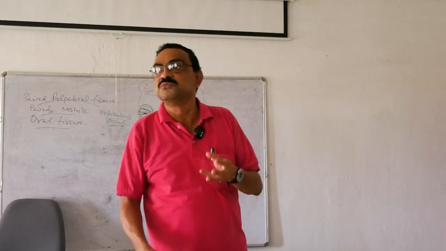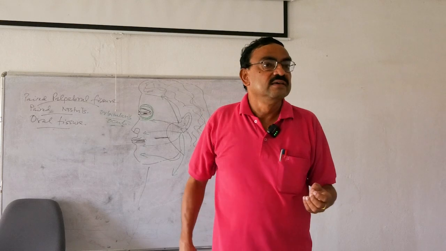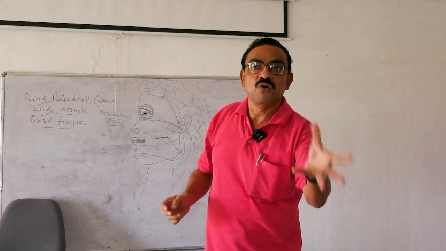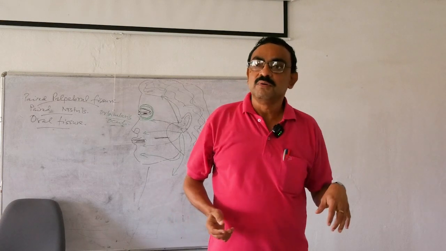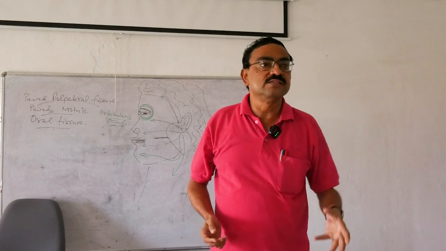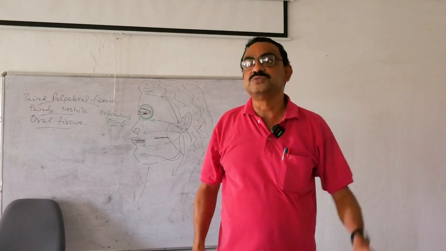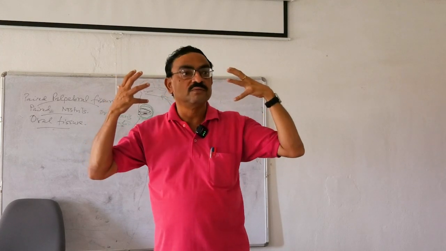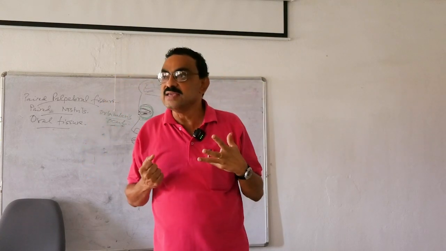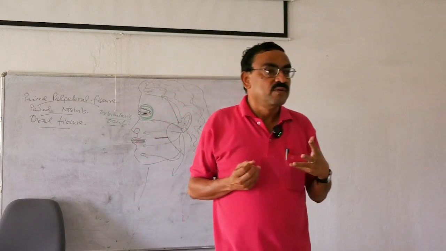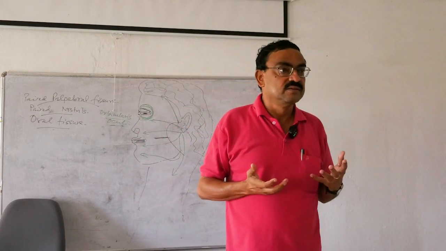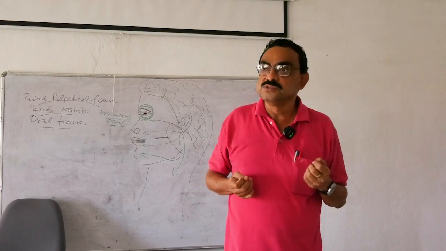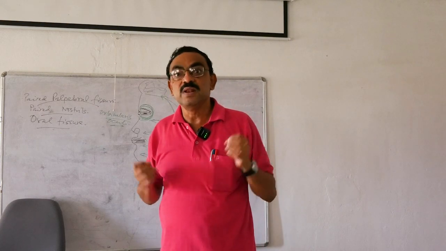Within the sinus, we will see the journey of the internal carotid artery, and on its inferolateral side, we will get the abducent nerve. So those nerves concerned with the eyes and also the face, the ophthalmic and maxillary divisions that also supply the face, will get affected.